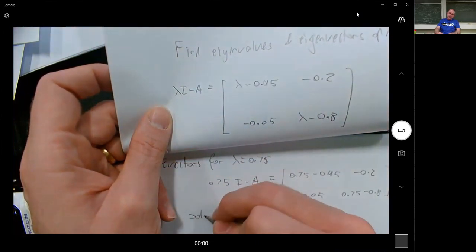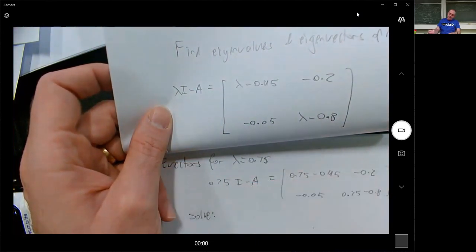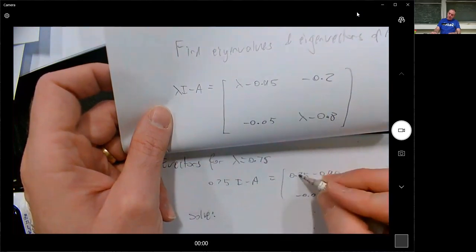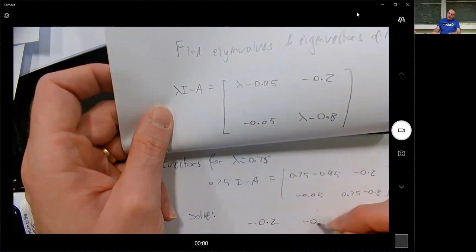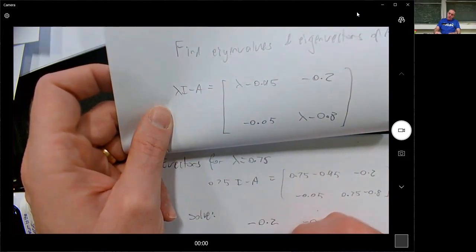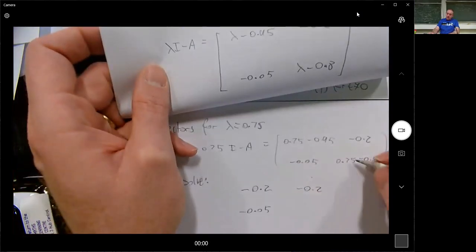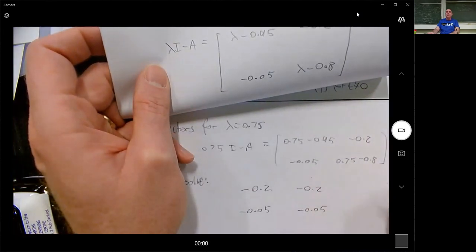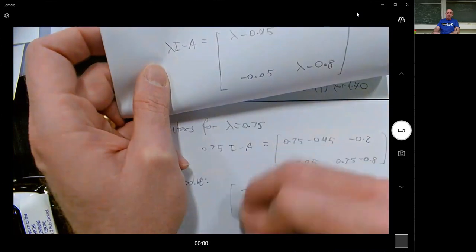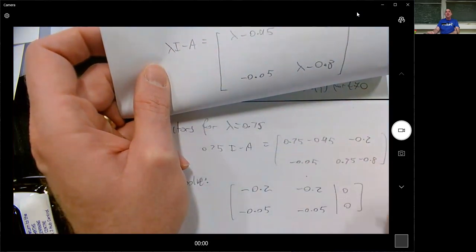And so we're going to solve this. So 0.5 minus 0.75 is minus 0.2. And then 0.75 minus 0.8 is minus 0.05. Oh, look at that, it's gorgeous. The top row is a multiple of the bottom row.